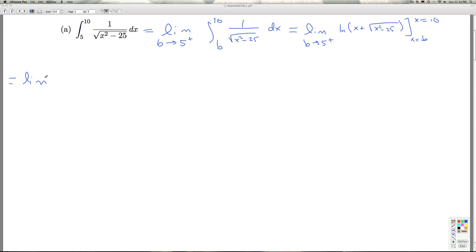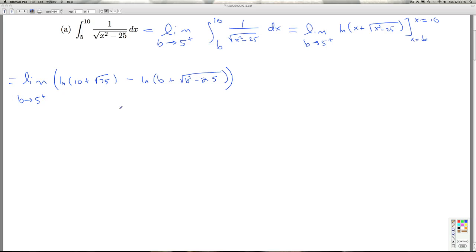This is the limit as b goes to 5 from the right of, I plug 10 in here, I get the natural log of 10 plus the square root of 75, minus the natural log of 5 plus the square root of, not 5b, plus b squared minus 25.